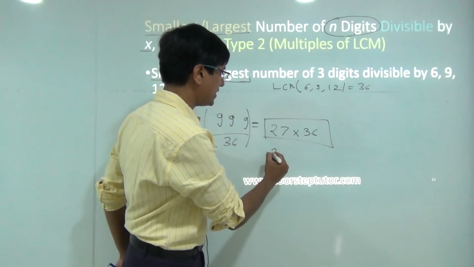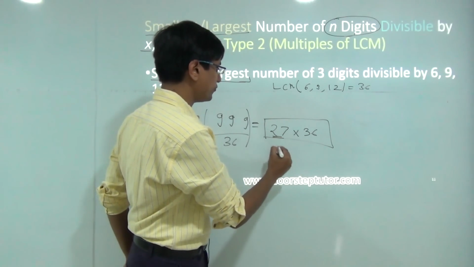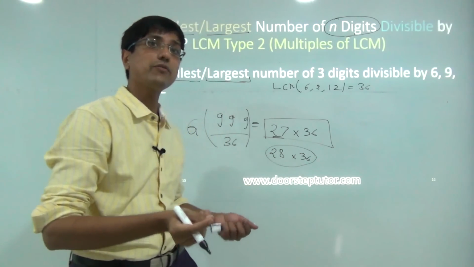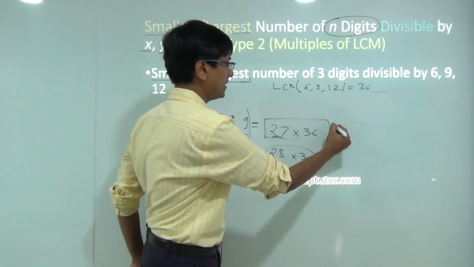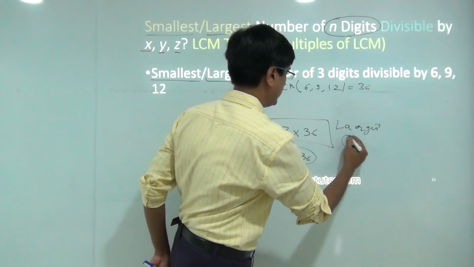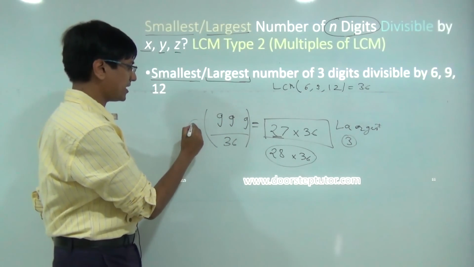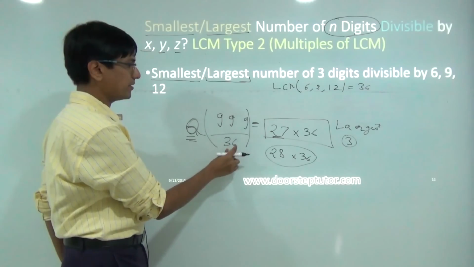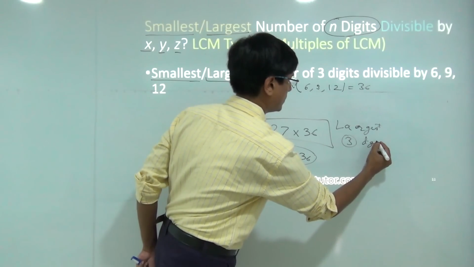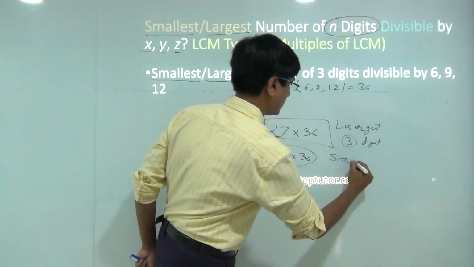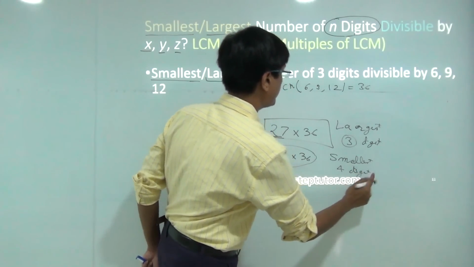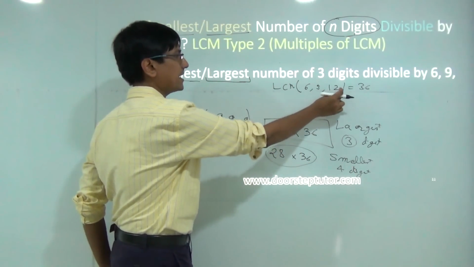If I change 27 to 28 and multiply by 36, this would be the smallest 4-digit number which is completely divisible by 6, 9 and 12. I am only interested in the quotient, I am not interested in the remainder.